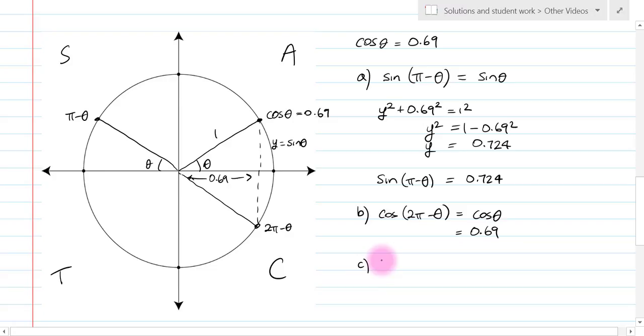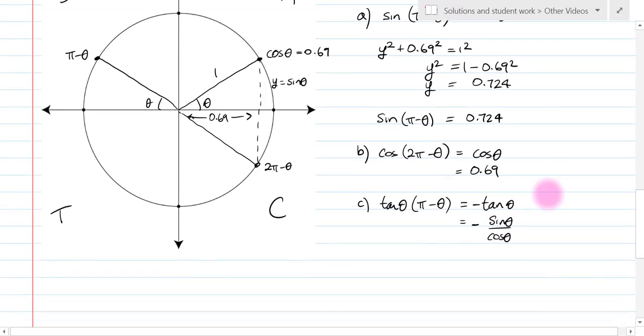And then question C is, what if we're dealing with a tan of theta? So tan of pi minus theta in this case. Well, tan of pi minus theta will be equal to tan of theta. So again, we're over in the second quadrant here, but in the second quadrant tan is negative, so it's negative tan of theta. We just need to calculate tan of theta. Now, tan of theta in this case will be opposite over adjacent, so it's negative sine theta over cos theta, because that's our opposite over adjacent, where this is cos theta.